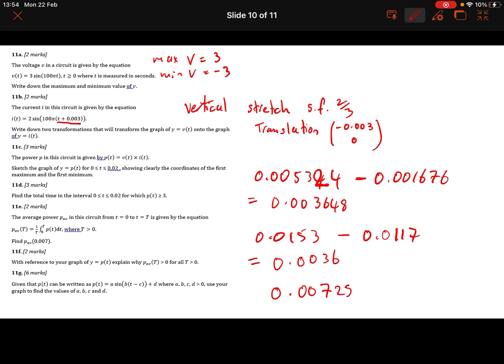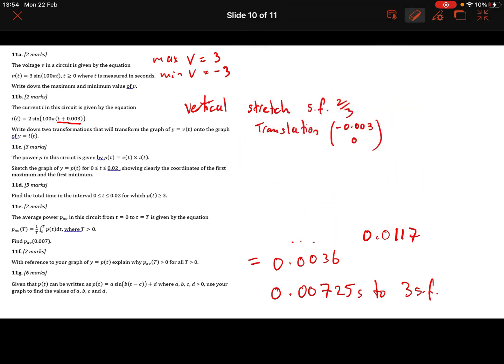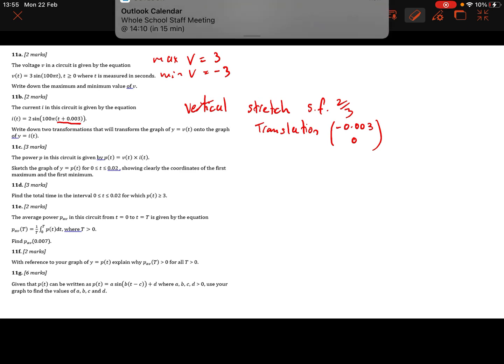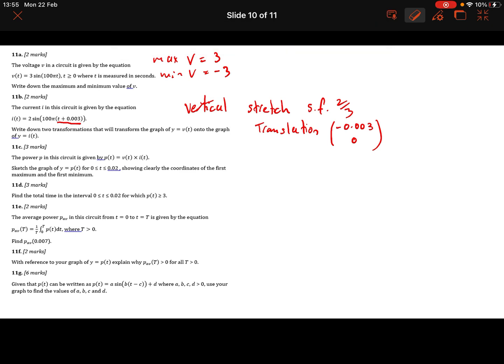Now, I couldn't quite believe this next one, that you didn't get it right, because it's so easy. You just stuff it into your calculator. Okay, the average power, you're told what function you've got to use. Average power is equal to 1 over t times the integral between t and 0 of p of t with respect to t.